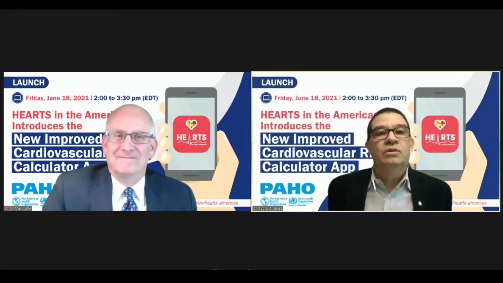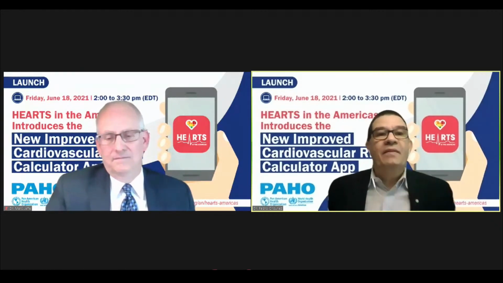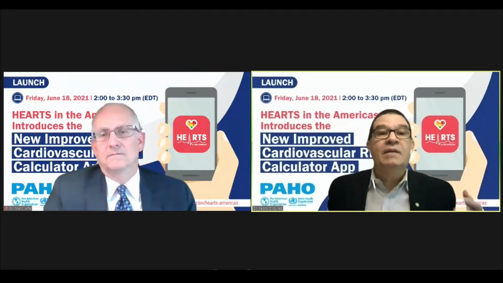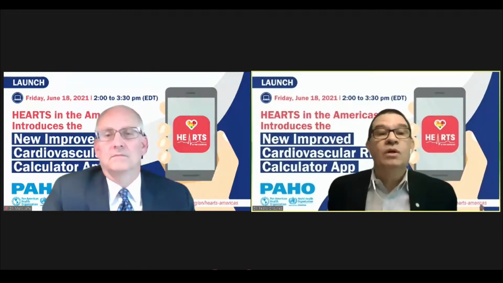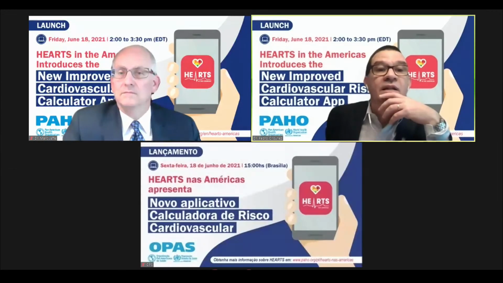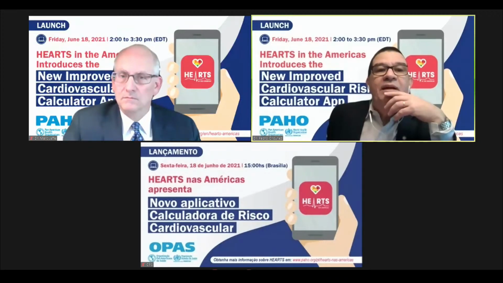You know that one of the elements that we have been promoting is the use of the focus based on the health team. In addition to the doctor, we have properly trained nurses, we have other health professionals, and we think that this is a tool for them to contribute to assessing the cardiovascular risk.